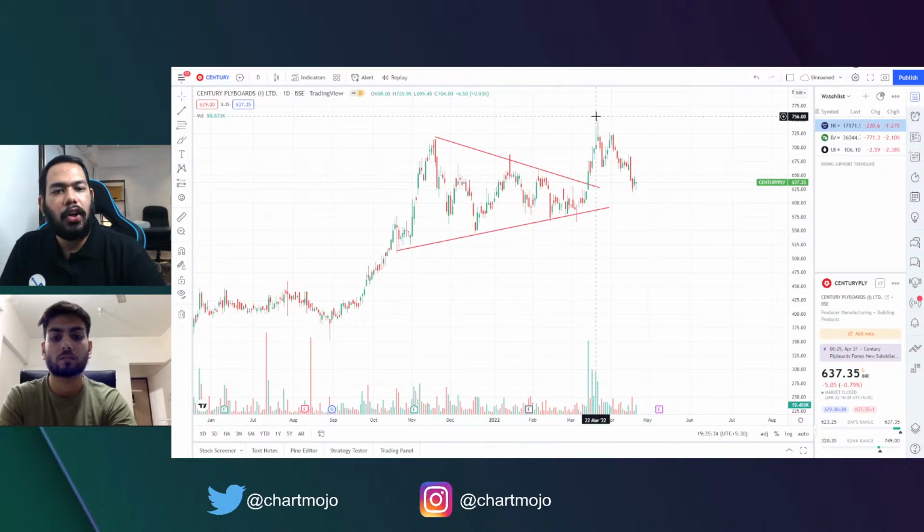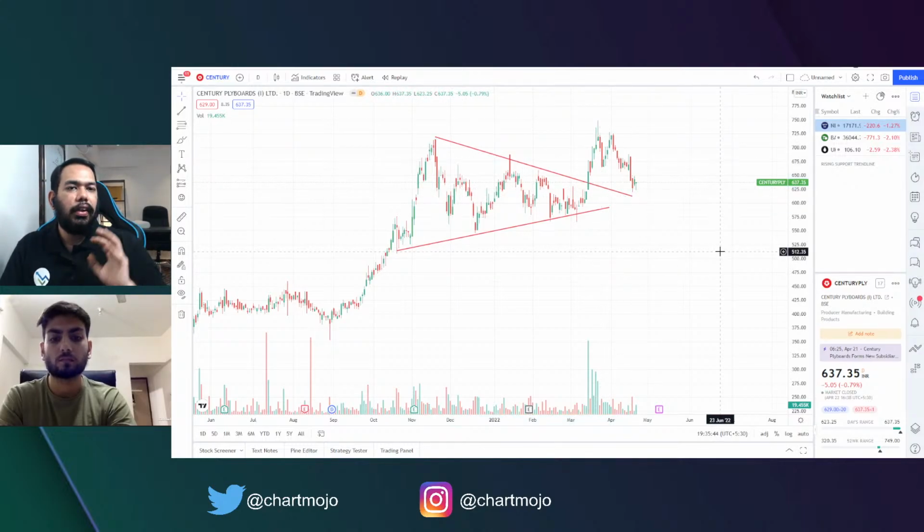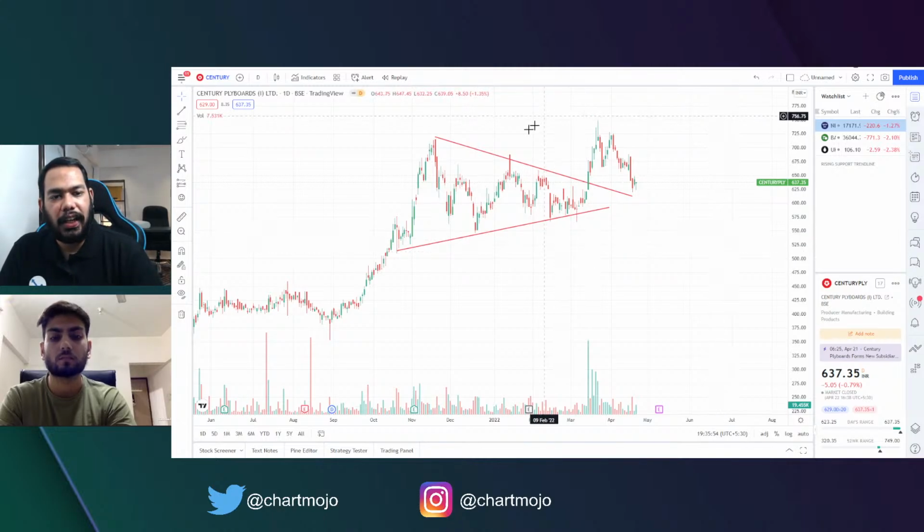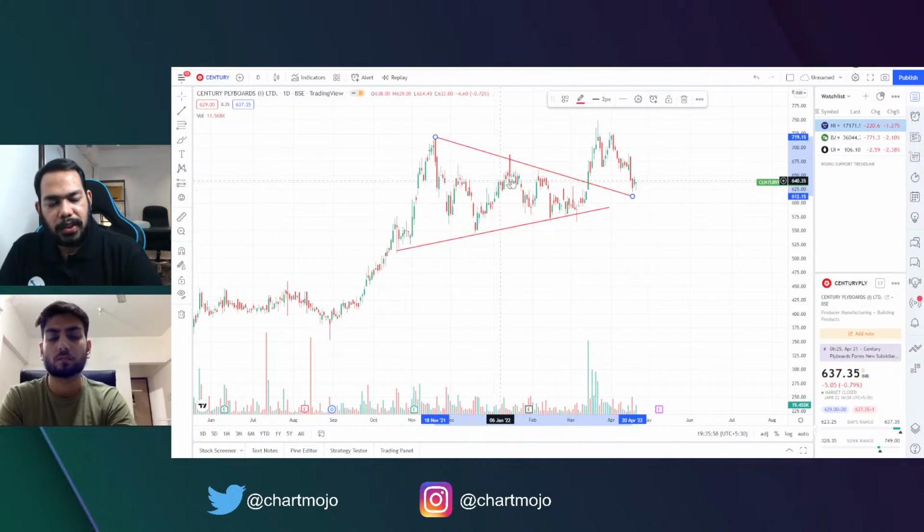We have got the breakout, but unfortunately, it has only gone up till 60% of the target. But right now, it is retesting the falling trend line. So I will be doing a video on trend lines tomorrow. One can watch to learn this. This is a falling resistance line, a falling resistance line of a symmetrical triangle. So on this line, the counter will take a retest.